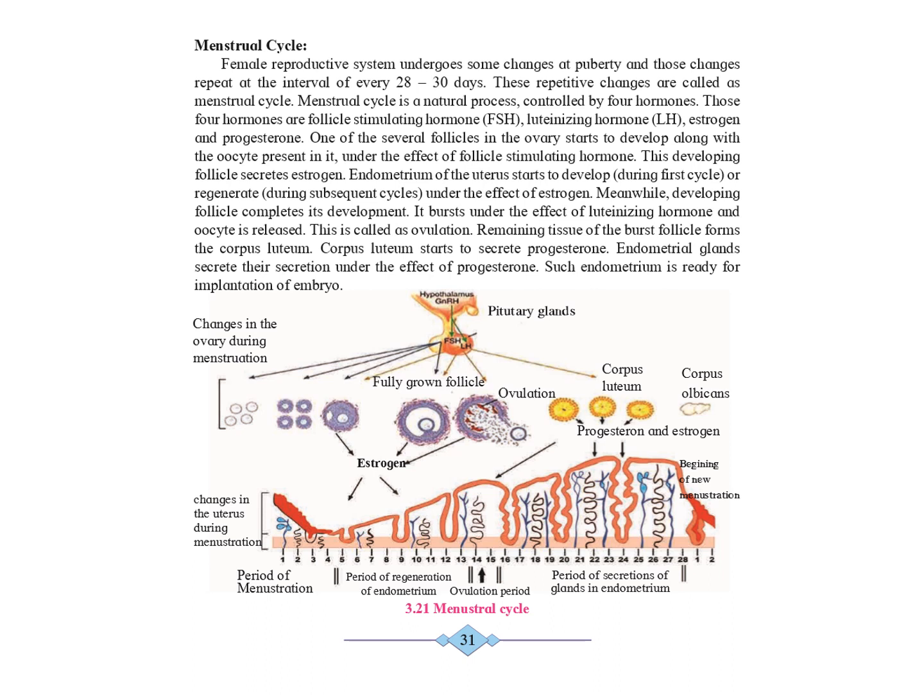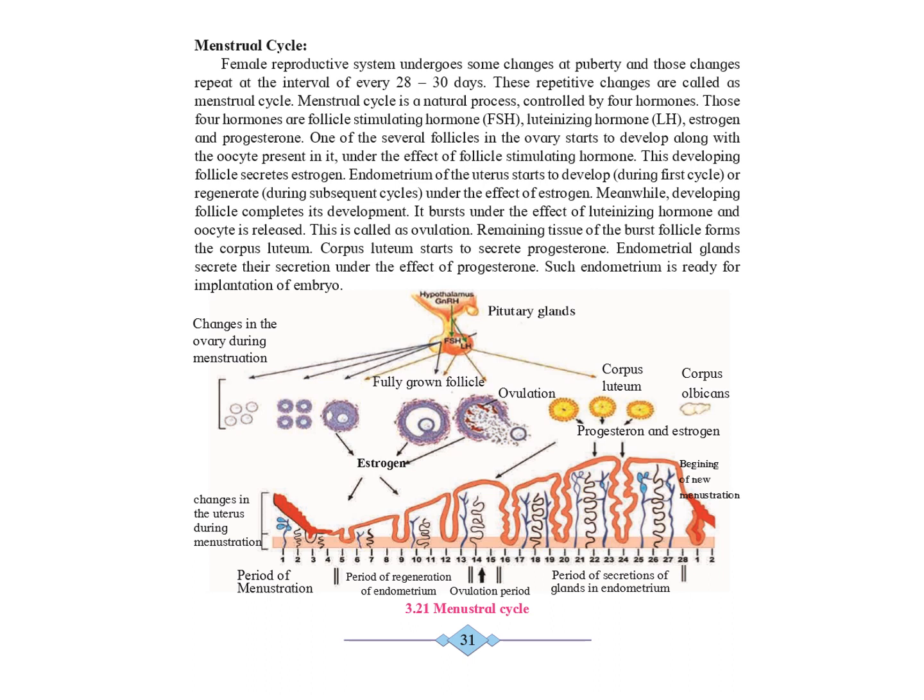The female reproductive system undergoes some changes at the time of puberty, and those changes repeat at an interval of 28 to 30 days. These repetitive changes are called the menstrual cycle. Menstrual cycle is a natural process and it is controlled by four hormones.